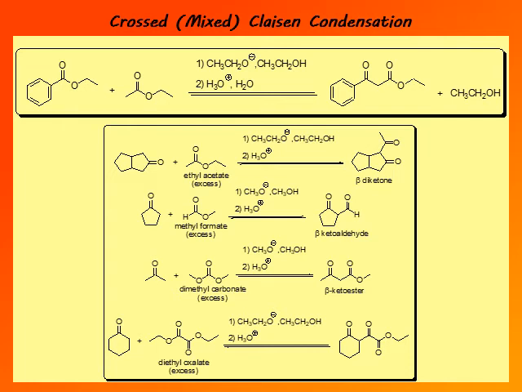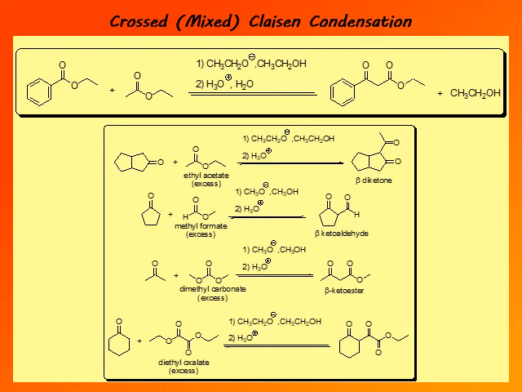Secondly, one of the esters must be non-enolizable, so aromatic esters, like in this case, the ethyl ester of benzoic acid, so ethyl benzoate, so that only one ester is enolizable. And then finally, that ester that is non-enolizable should be used in large excess, so that when the enolate anion is formed from the enolizable ester, odds are that that enolate anion will react mostly with the non-enolizable other ester.